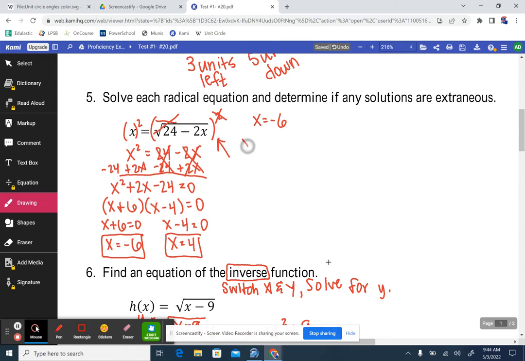So we're going to substitute into our original equation, x equals the root of 24 minus 2x. We're going to replace x with negative 6. So negative 6 equals the root of 24 minus 2 times negative 6.